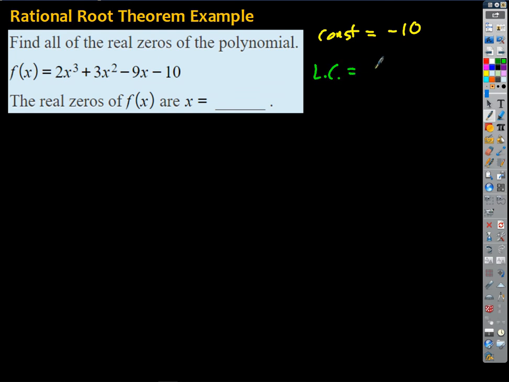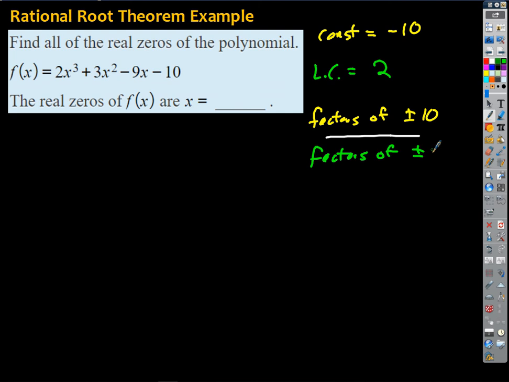2. So we know then that all of the possible rational zeros have to come from the list of the plus and minus factors of 10 divided by the plus and minus factors of 2. And I would just build that list.